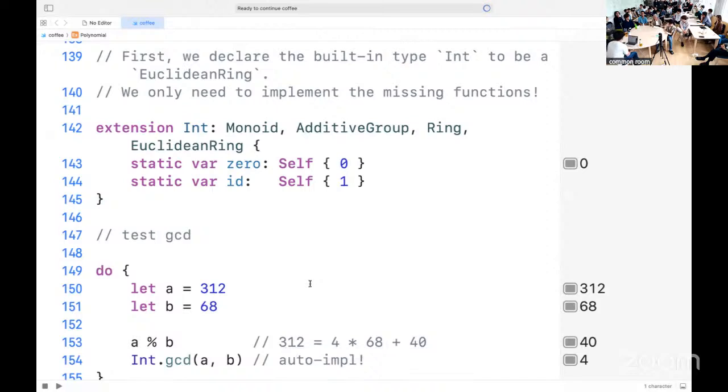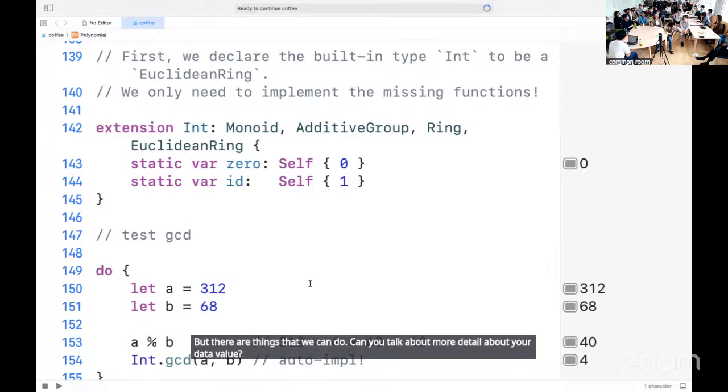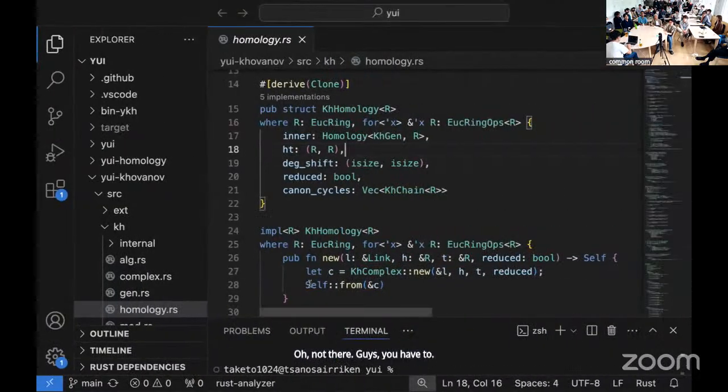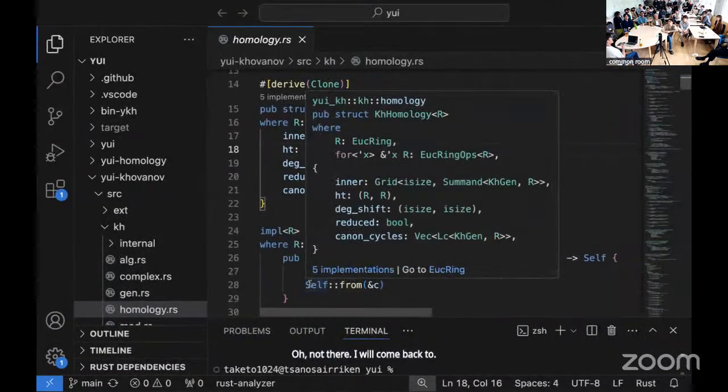Can you talk in more detail about your math theory? How do you connect it to your computation program? The theory I'm working on is defined combinatorially.